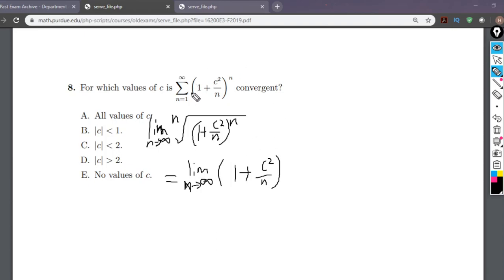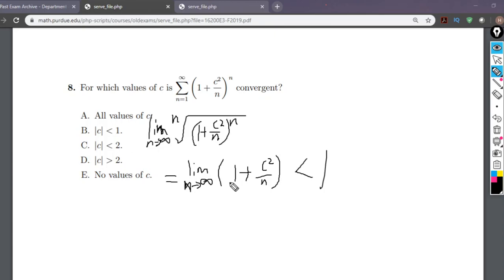And when a root test is convergent, it should be less than 1, right? So at this point, we can see that we can take the 1 out since it doesn't have an n here.